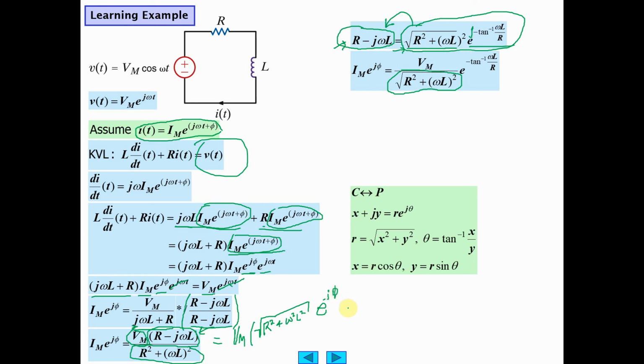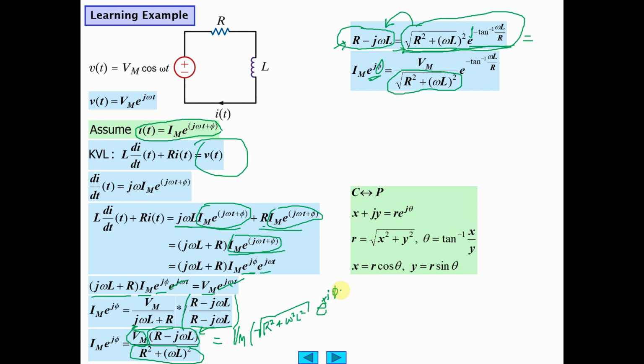Okay. So that's this. And they're saying e to the j phi equals the tangent of negative, j tan. This expression, including the negative sign, is phi, by the way. That's the way they're doing it, so I need to be more careful with my positives and negatives.